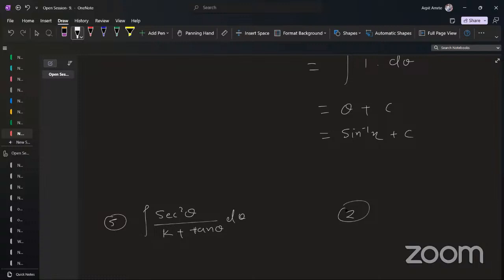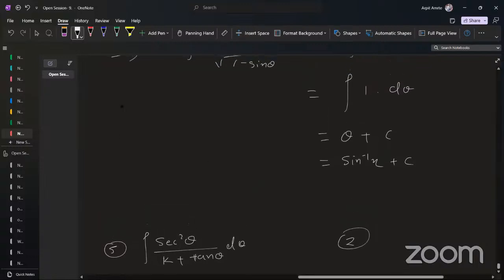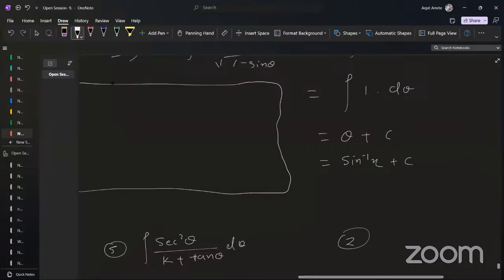What will be the approach? Anyone? Substitute tan theta. Okay. Before doing this, let's see one more thing that I want to conclude here. Suppose you have a function like this: f prime x divided by f x.